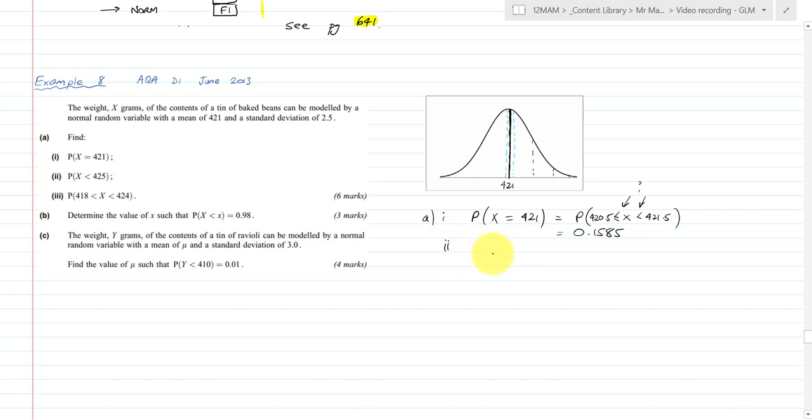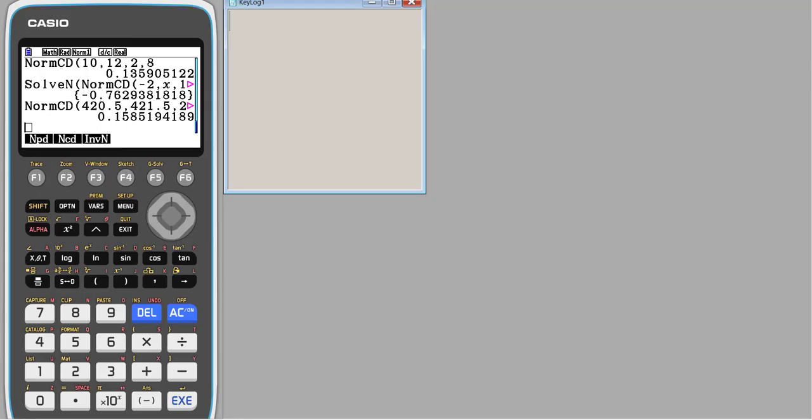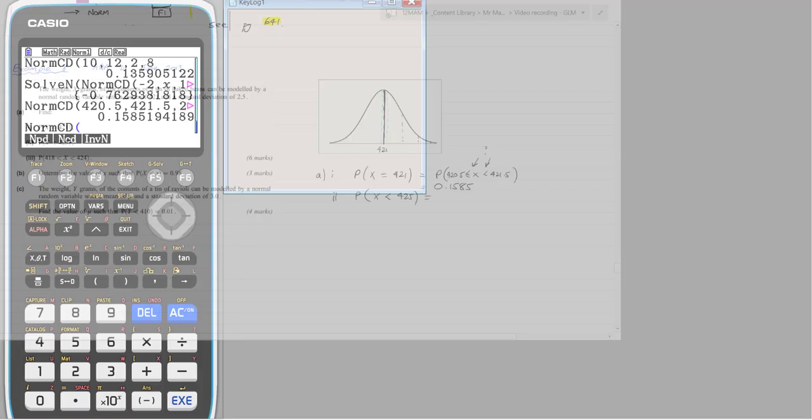Now it actually gets a bit easier from here because we just want to find the probability that x is less than 425. And so I can do that on here. NCD, the probability it's less than 425, am I right? Yep, 425.